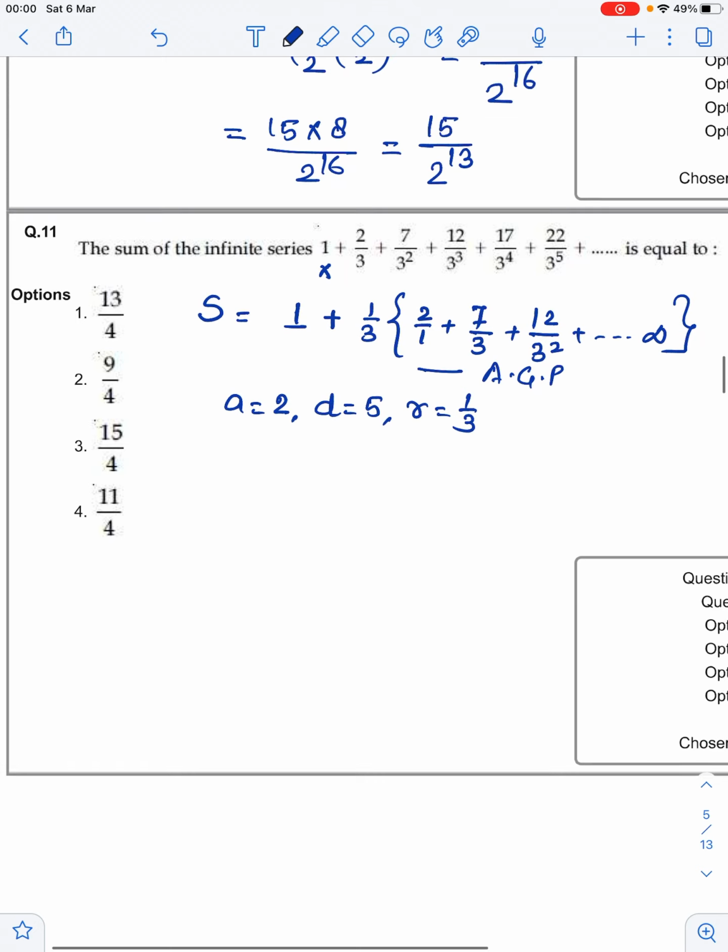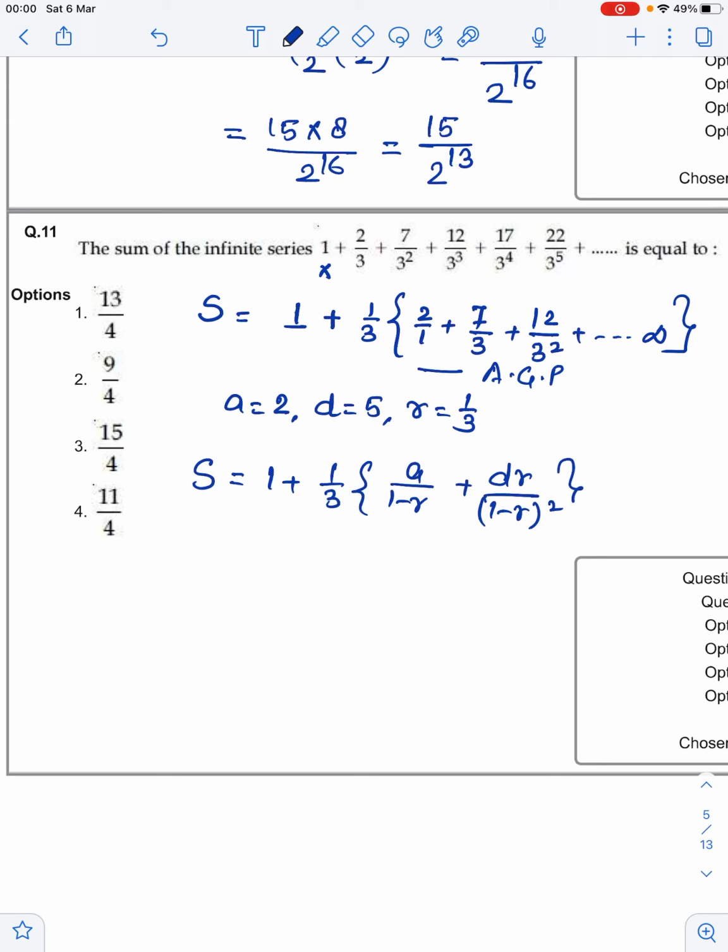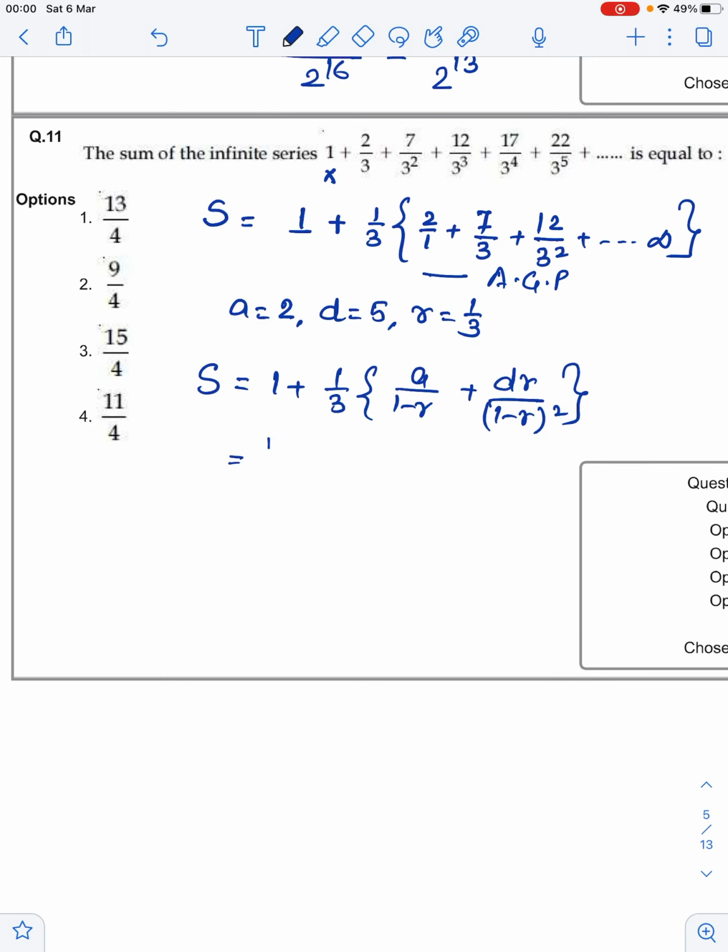For an infinite GP, we know the formula: A by 1 minus R plus dR by (1 minus R) whole square. Now we can easily put those values. 1 plus 1 by 3, A by 1 minus R is 2 by 3, plus dR means 5 by 3 by (1 minus 1 by 3) whole square.